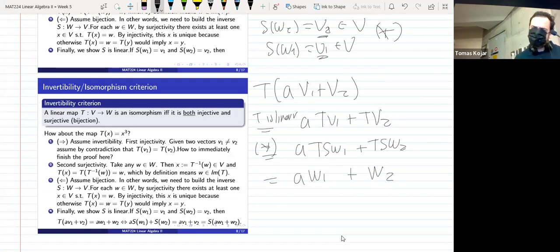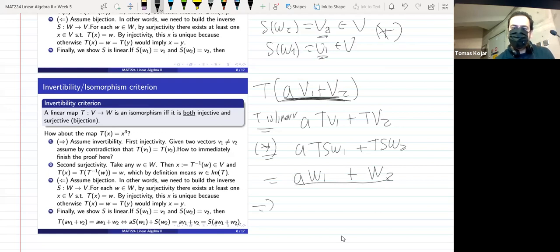All right, so what does that say? It says that since this guy has a pre-image, it implies that AW1, W2 is in the image of T. Okay.